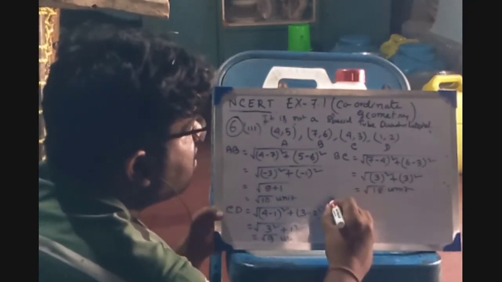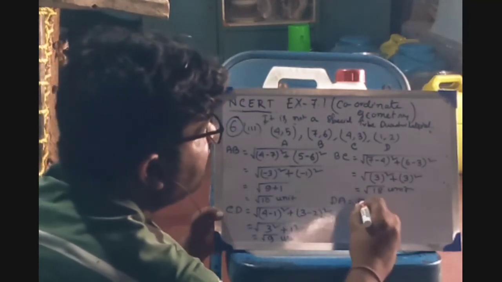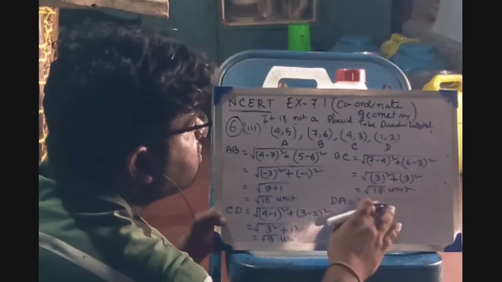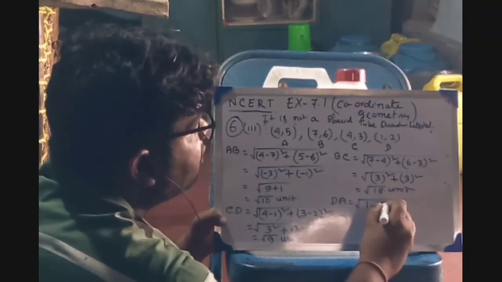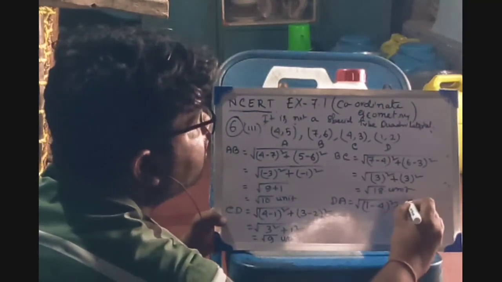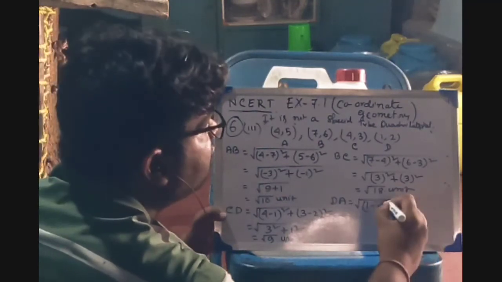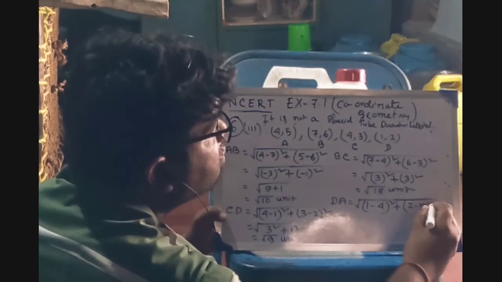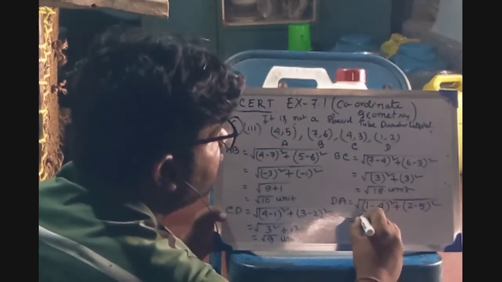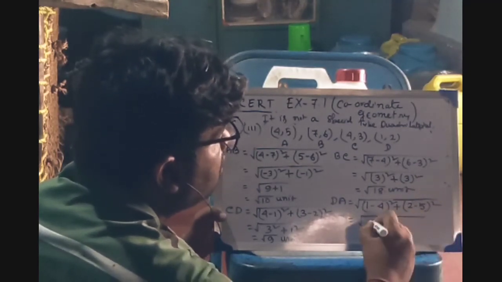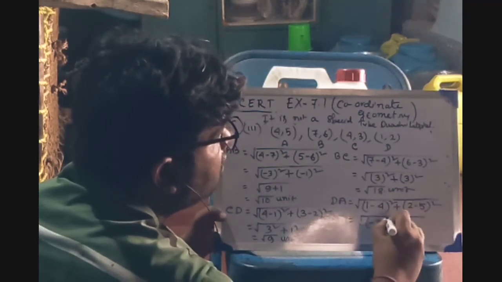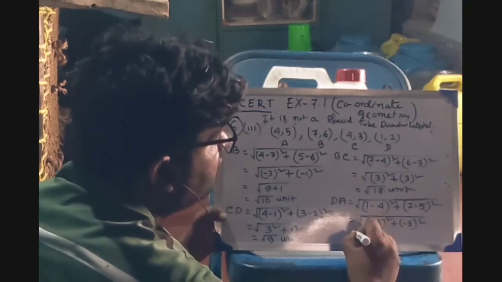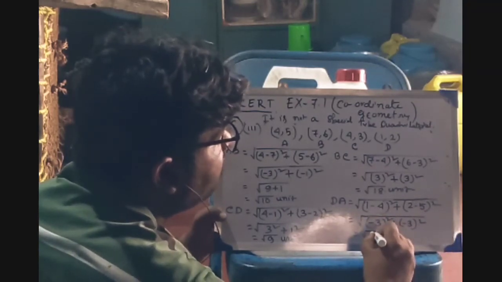Next DA. DA is equal to root of (1 - 4) whole square plus (2 - 5) whole square. That's equal to root under of (-3) whole square plus (-3) whole square. That's equal to root of 18.